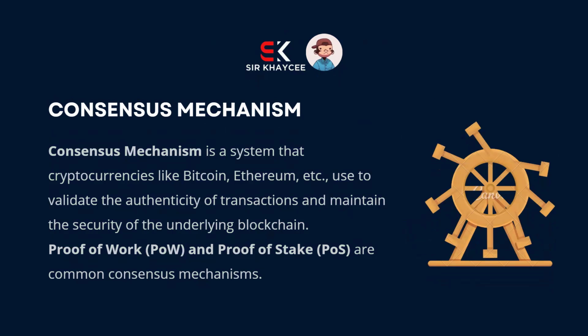A consensus mechanism is a system that cryptocurrencies like BTC, Ethereum, and others use to validate the authenticity of transactions and maintain the security of the underlying blockchain. Take note of these keywords. So they perform two things: they validate the authenticity of transactions, and they maintain the security of the underlying blockchain.